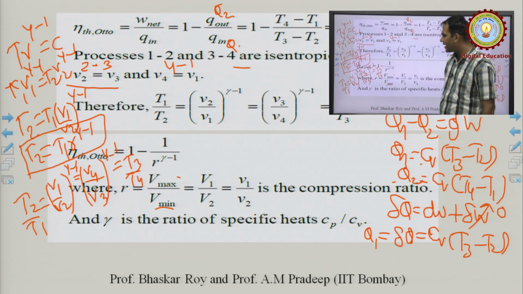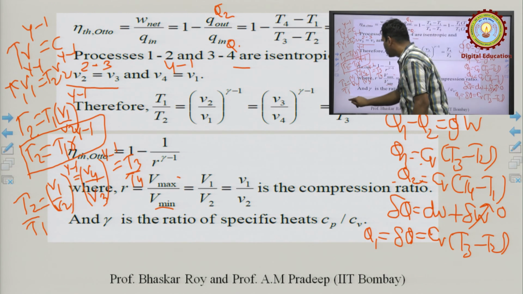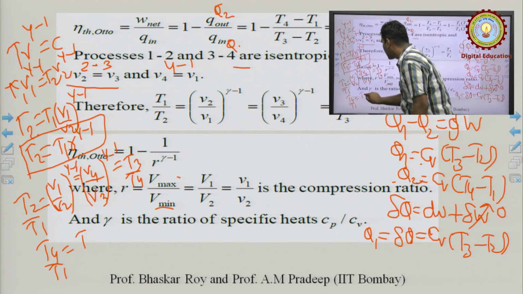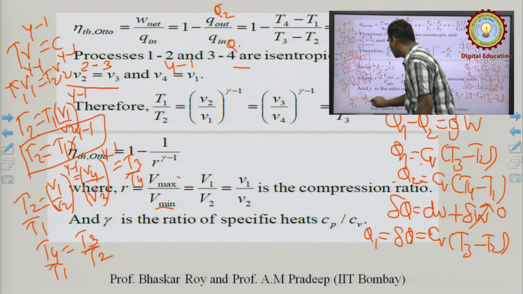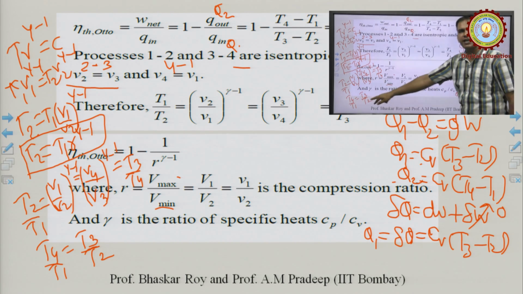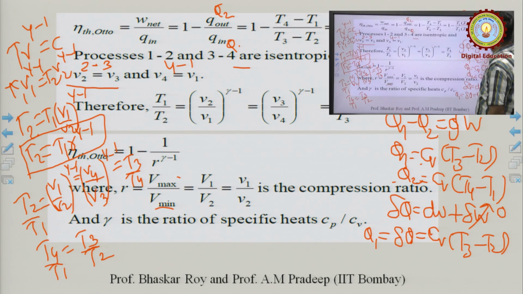So, from here you can write T4 by T1 is equal to T3 by T2. Since these two values are the same, this term will cancel out.